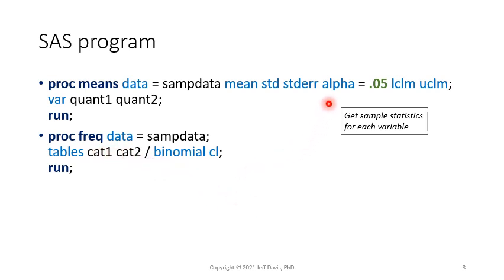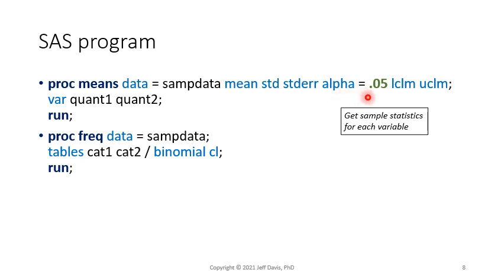Just going back up here one thing. If we didn't have alpha equal 0.05, SAS would automatically default to the 95% confidence limit. I just wanted to show you this because you're going to be seeing quite a bit of this in the next two chapters, when we'll really get way deeper into what alpha means.